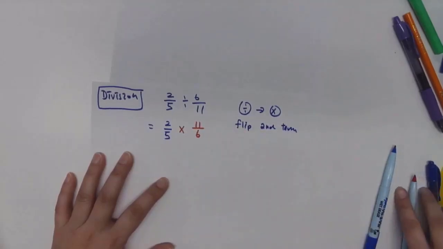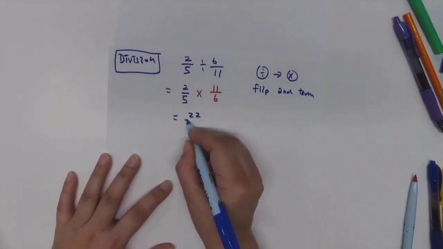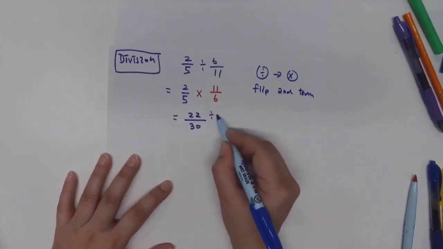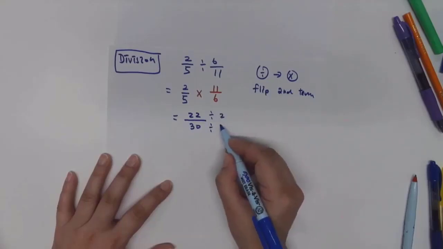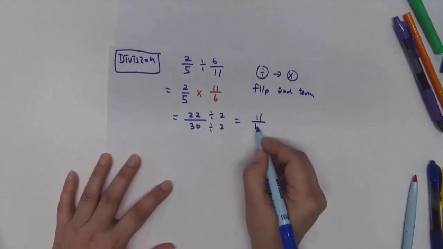When you multiply fractions, you multiply top times top, bottom times bottom, right? 22 over 30, and reduce it, we get 11 over 15.